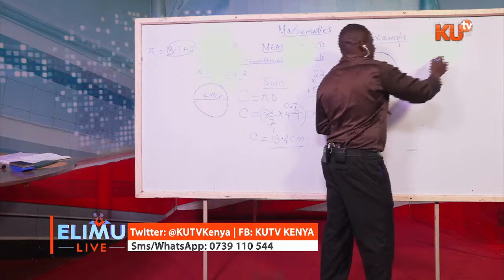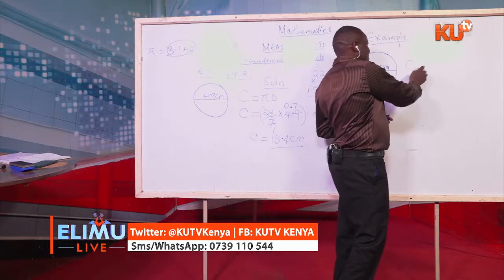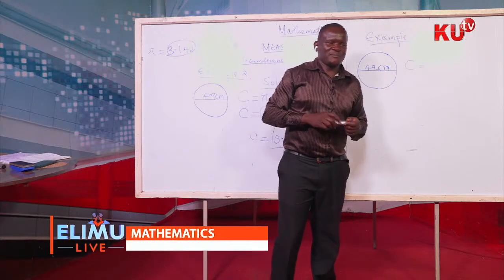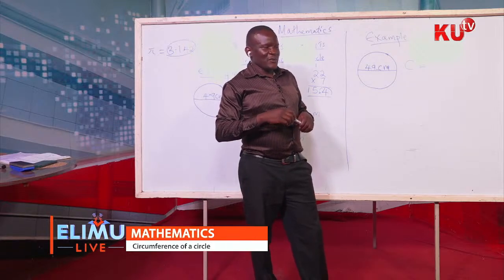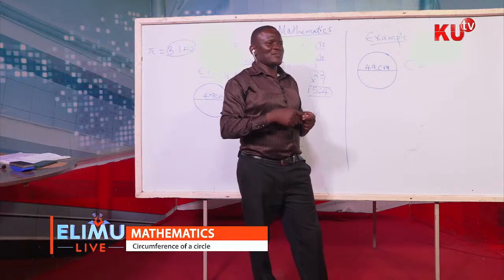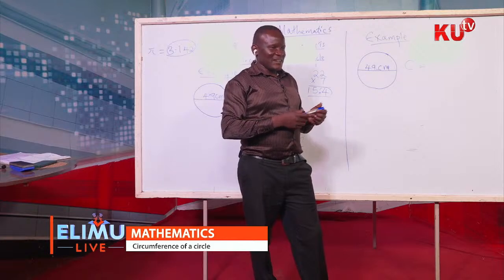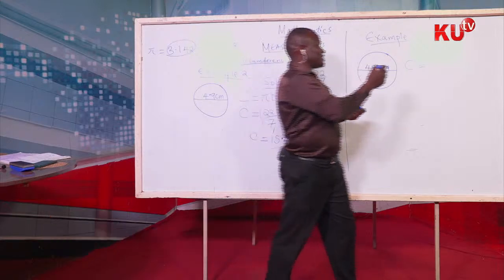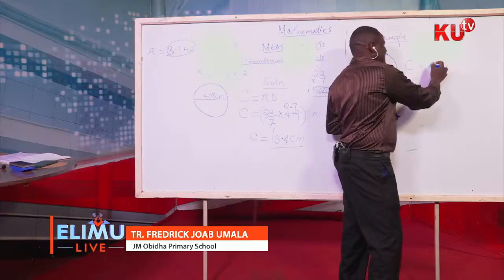Now let us work it out. The wheel is circular in nature. So that's the reason why we are going to use the formula of finding the circumference of a circle to get the length of the wheel. So circumference will be equals to pi d.